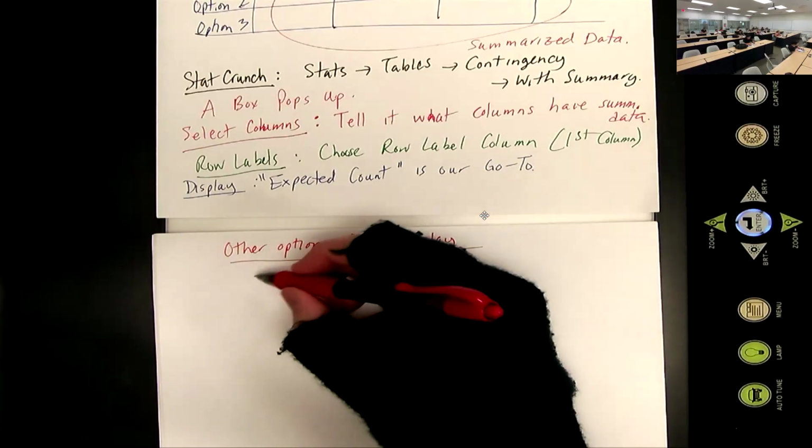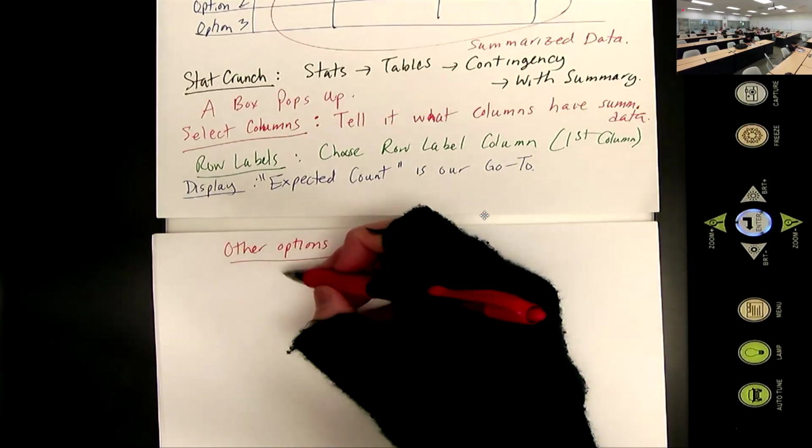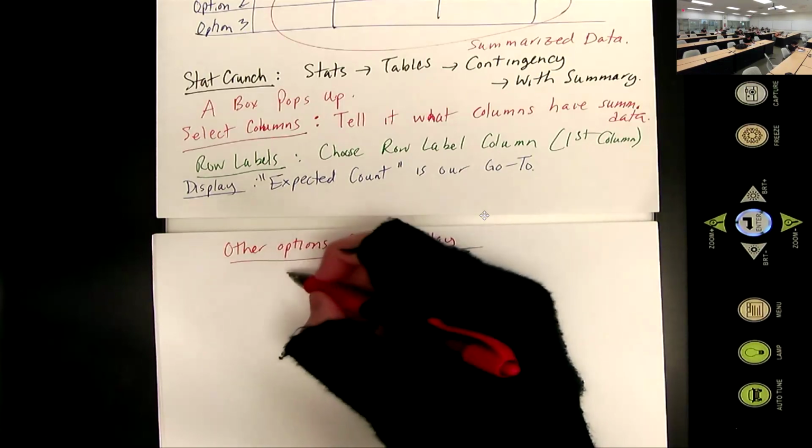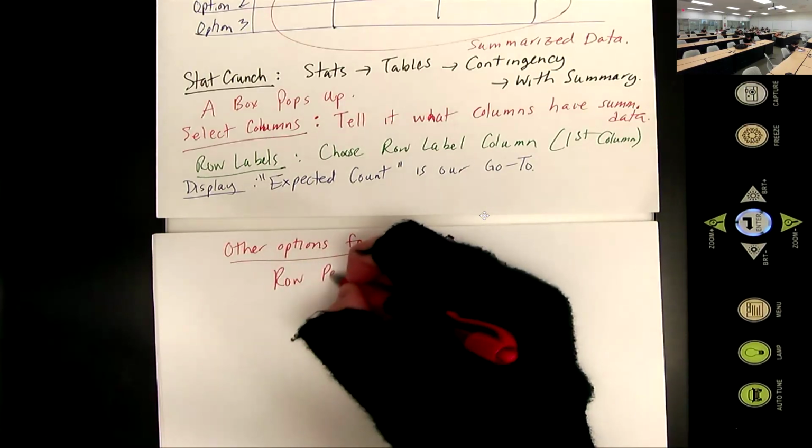They'll have one that says row percent, column percent, one of those.